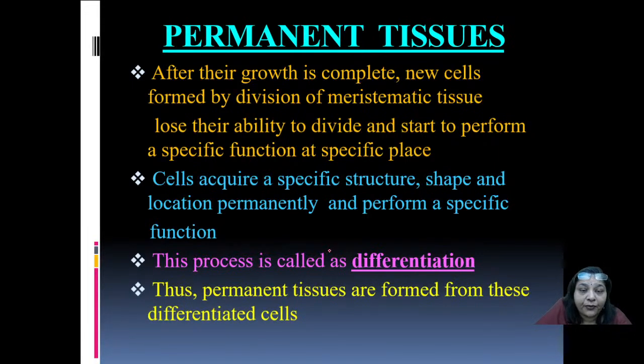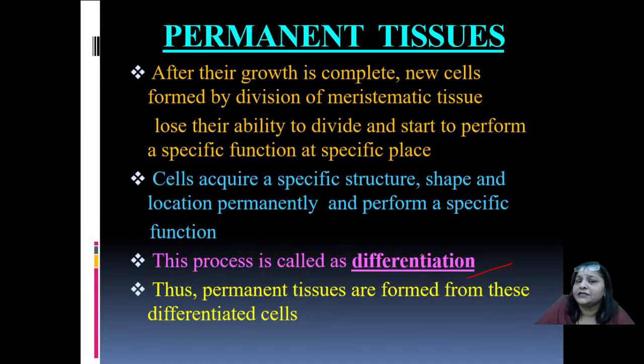So the process is called differentiation. Cells acquire a specific structure, shape and location permanently, and they perform a specific function by the process of differentiation. This process of modification in the structure of the cell for a specific function is called differentiation.